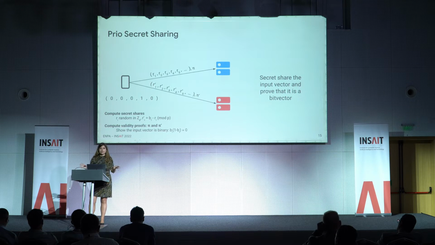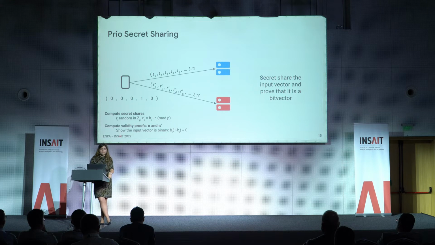Only when you put together the two shares will you be able to recover information about the original input that was shared between these two cryptographic shares. And in particular, it is easy to see how you can generate these shares by just sampling one random vector that will be sent to one of the servers and then computing the other share for the second server by subtracting the first random vector from the input binary vector.